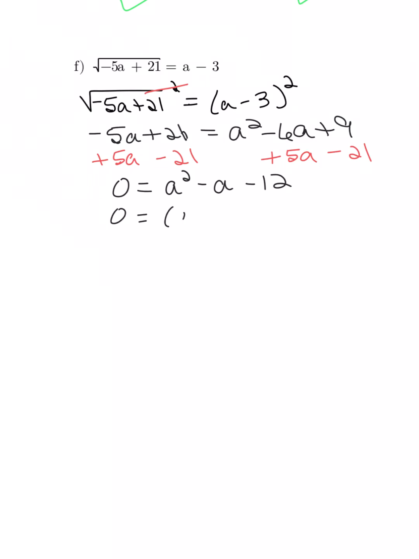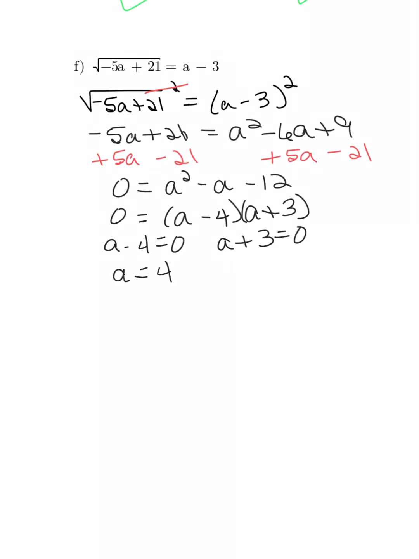This factors into a minus 4 times a plus 3. Setting each factor equal to 0 will give us solutions of a equals 4 and a equals negative 3. We must check both solutions.